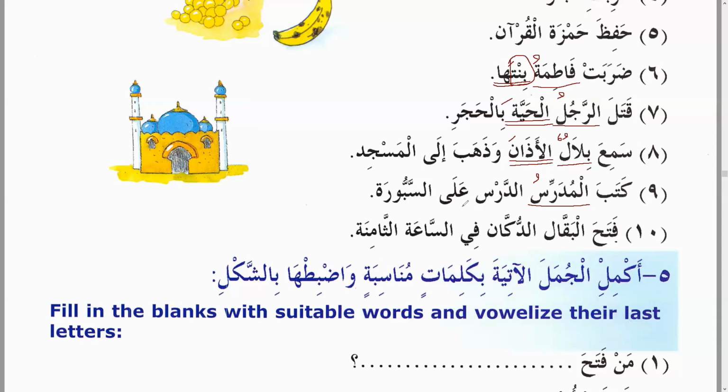The teacher wrote ad-darsa. The teacher wrote the lesson. Alas-saburati, right? On the board. The teacher wrote the lesson on the board. Last one, Fatahal bakkal. Bakkal is what? A greengrocer, a shopkeeper.